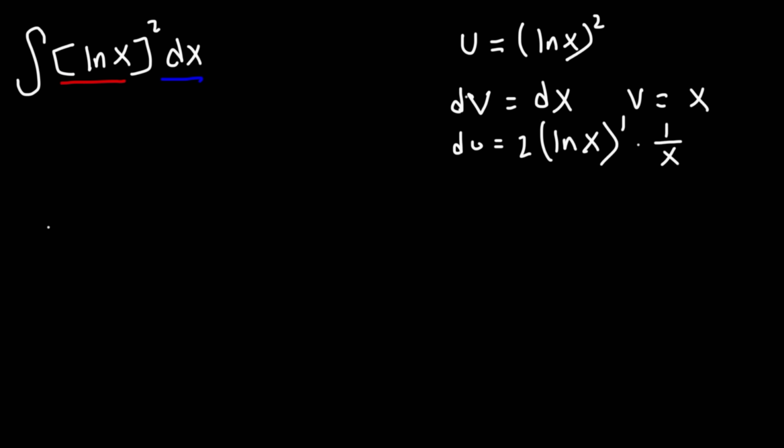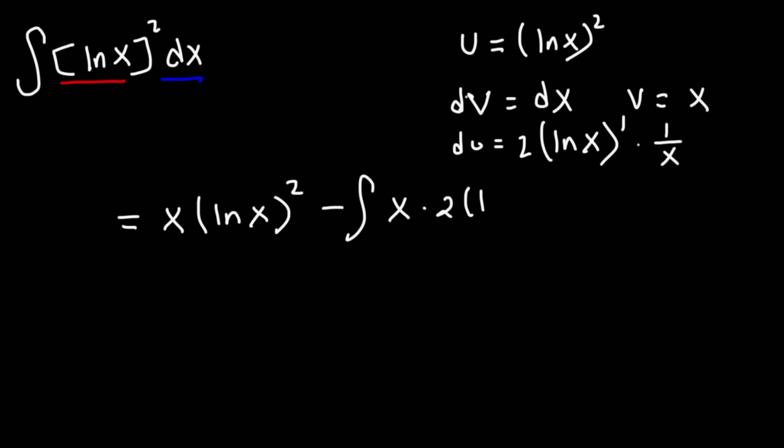So using the formula, this is going to be u times v. So v is x, u is ln x squared, minus the integral of v du. v is x, du is 2 ln x times 1 over x, and then let's not forget the dx part.